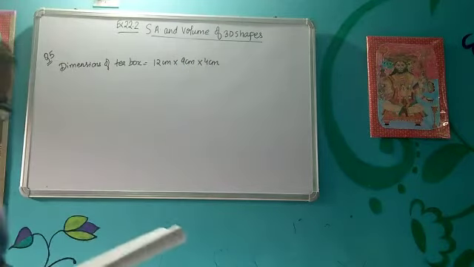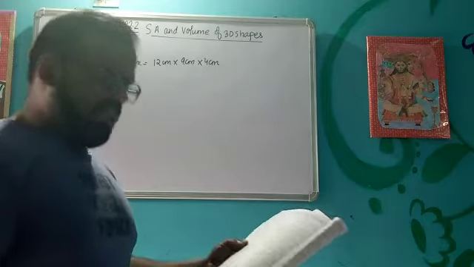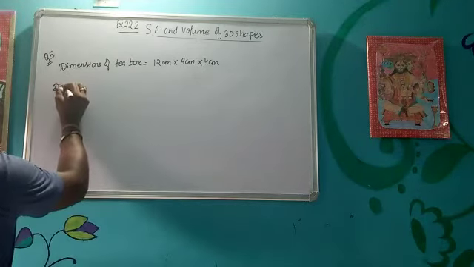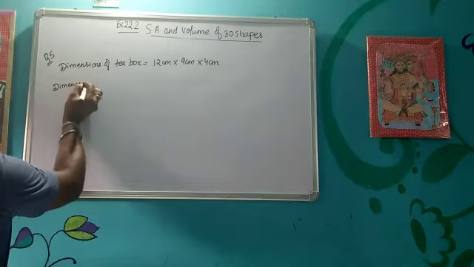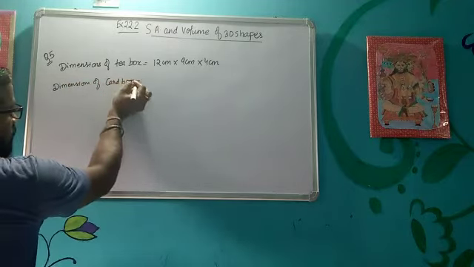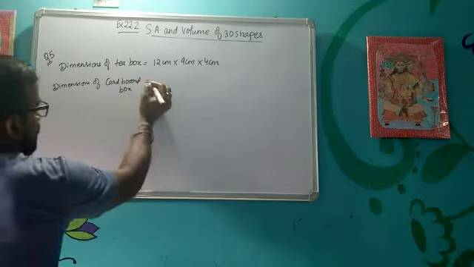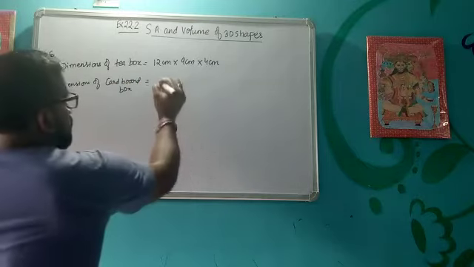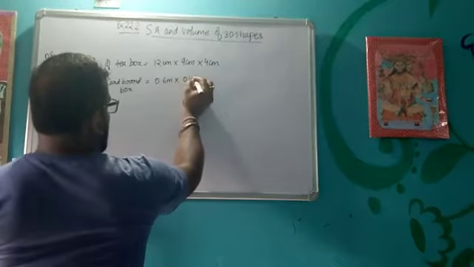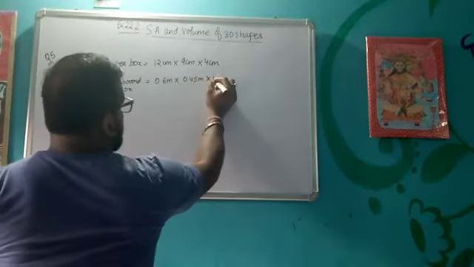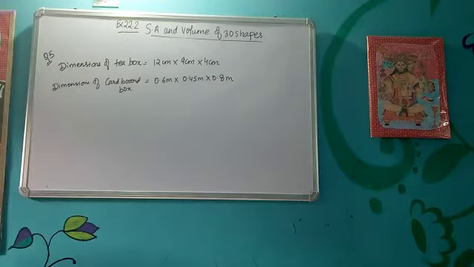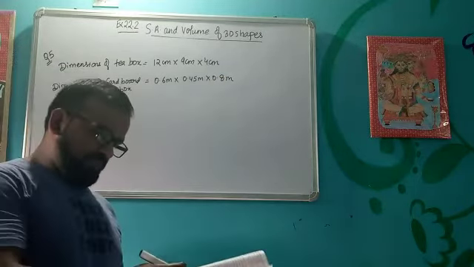Okay. Then how many boxes can be packed in a cardboard box? The dimensions of the cardboard box are given and it is 0.6 meter into 0.45 meter into 0.8 meter. Okay, now we have to calculate how many boxes can be packed.